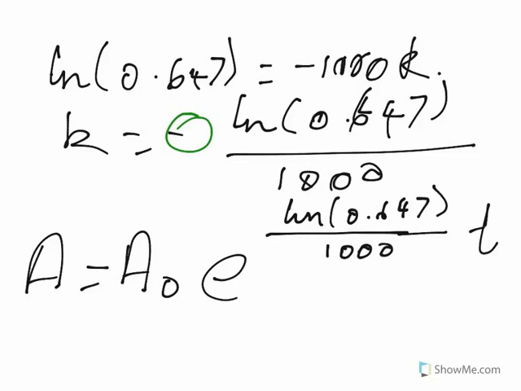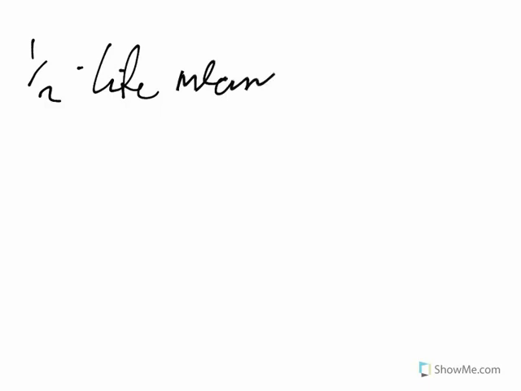The next thing is, what does half-life mean? Those who do physics, hopefully we've already remembered that half-life means the time for half of it to go. So half-life means when your amount is a half of your original.